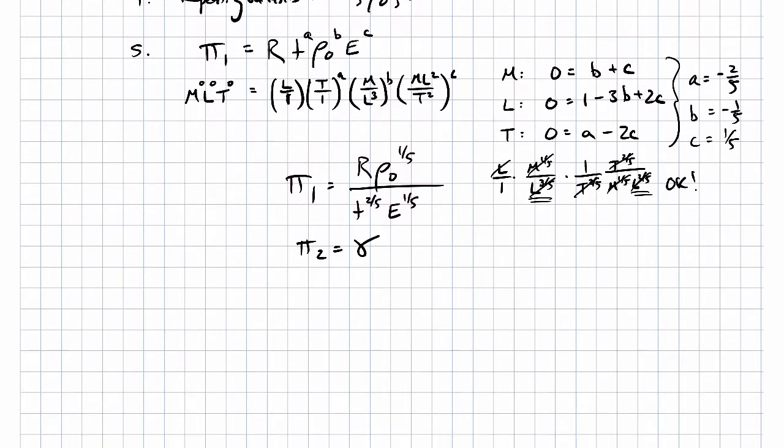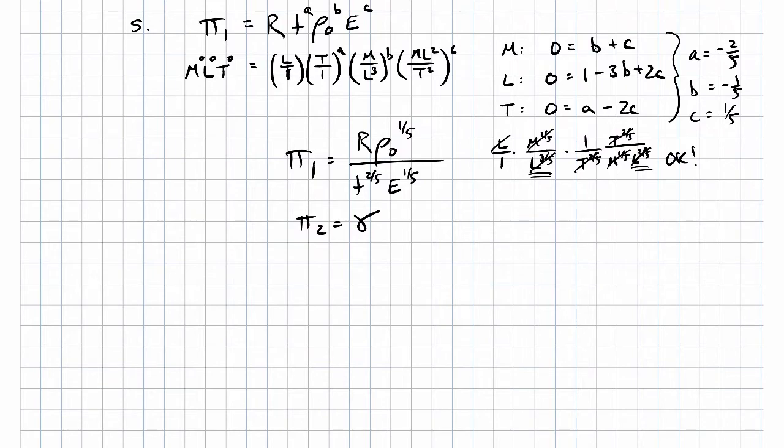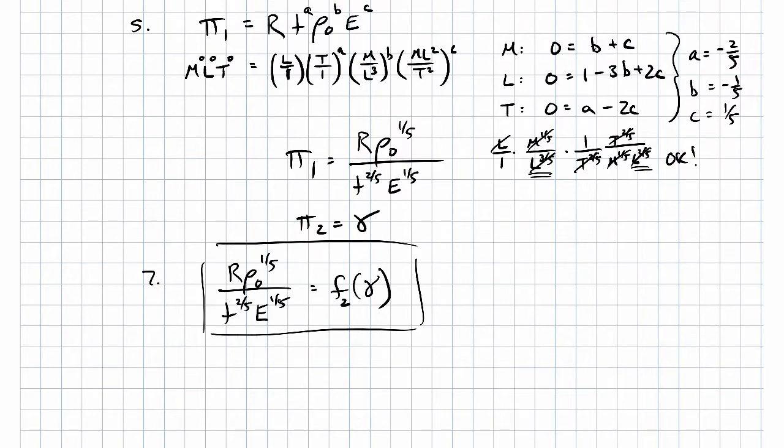We're just verifying it. That was step 6. So step 7 is now rewriting our equation in dimensionless form. And that would be now our equation in dimensionless form.